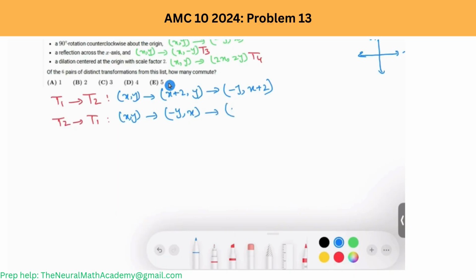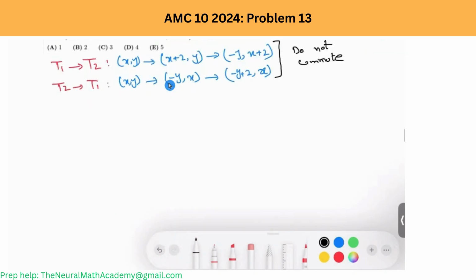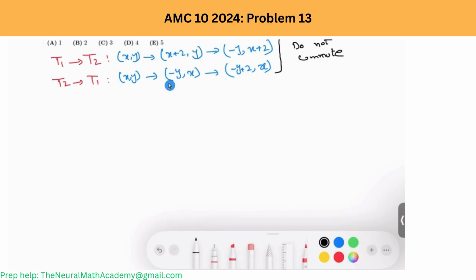So if I see now both of these mappings or the results, they are not the same, right? So therefore I would write that they do not commute. So this was the first pair, right? Similarly I have now five more pairs, so total pairs I have is 6. So now let's check one more pair, and then the rest you guys can solve in the same way.